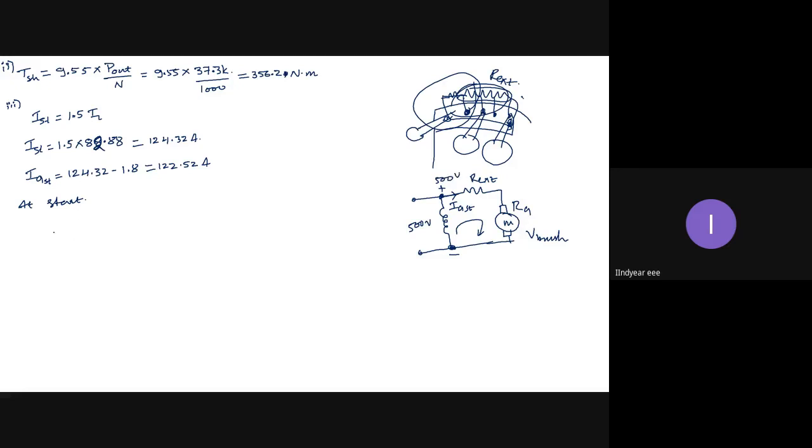So it is 500 minus IAST into R external minus IA RA minus V brush equals 0.